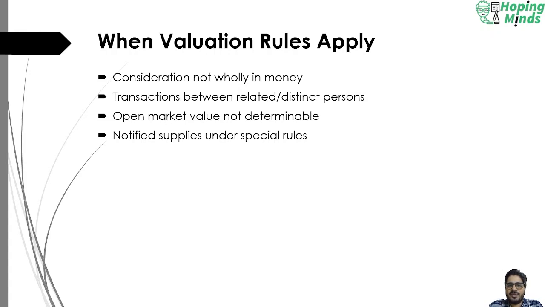For goods for further supply, 90% of the price charged to an unrelated customer can be used. Otherwise, Rule 30 or 31 applies. We will see Rule 30 and 31 at a later stage. For example, goods supplied between related entities at a price lower than the open market value can be valued at the invoice price if the recipient can claim full input tax credit.